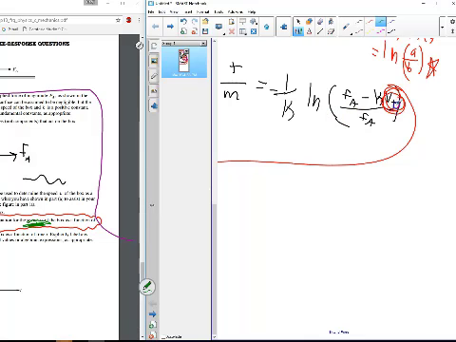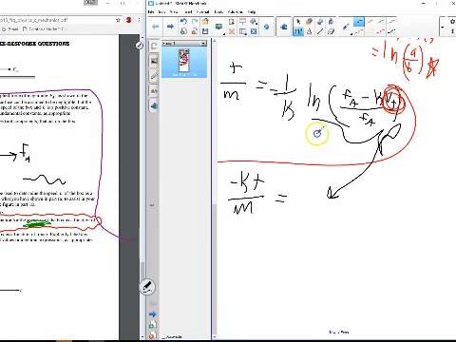So we have v as a function of time. We just need to isolate it. And I guess this is pretty easy to do. We're just going to multiply by negative k, and we're going to get negative kt over m is equal to, well, this mess. I'm not going to write it out because that would be time consuming. Okay, so we have this ln blob. Now, how do we get rid of this ln?